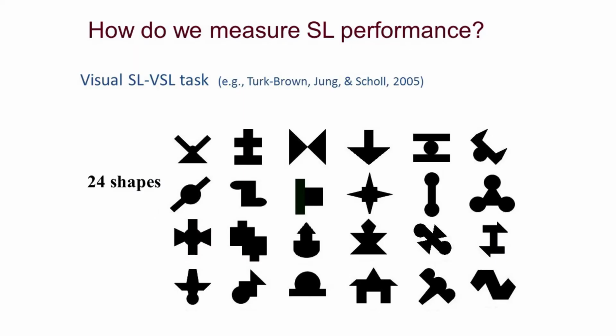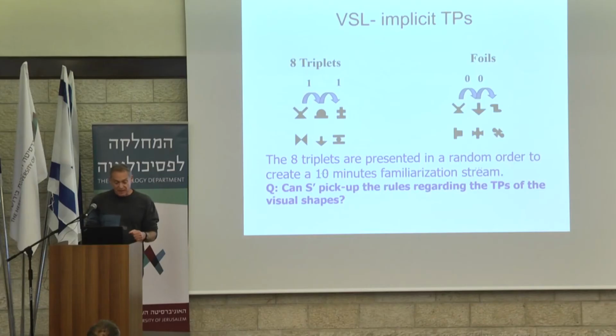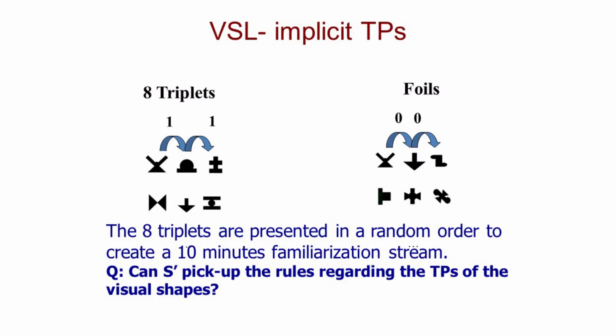You have here 24 shapes. They are constructed in a continuous stream by triplets. In some of the triplets, as you can see here on the left side, the shapes are completely predicted. There is a probability of 1 of the second shape to appear after the first, and of the third shape to appear after the second.